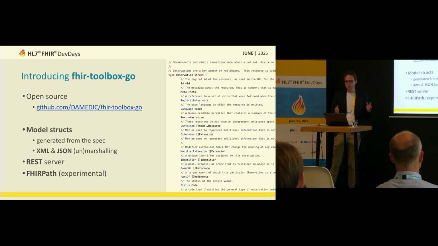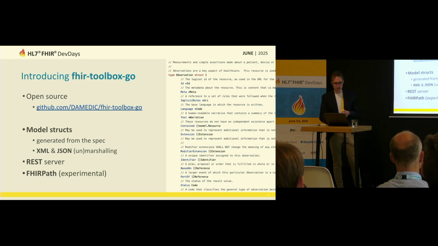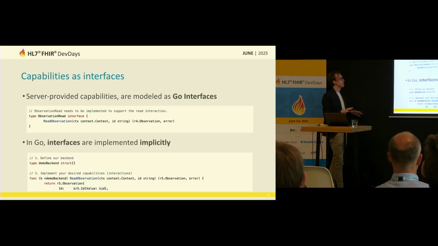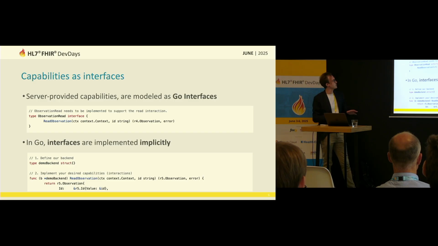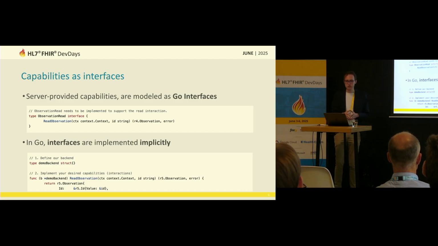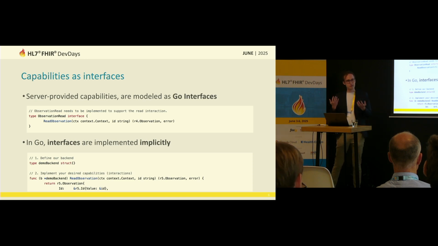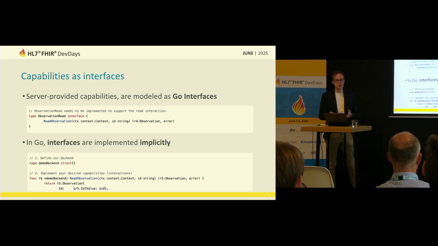So how would you approach building a FHIR service using this stuff? Everything a server can do in our project is modeled as an interface. So for example, this is the Observation read interface, which has just one method, ReadObservation. To implement this capability, you implement this interface.